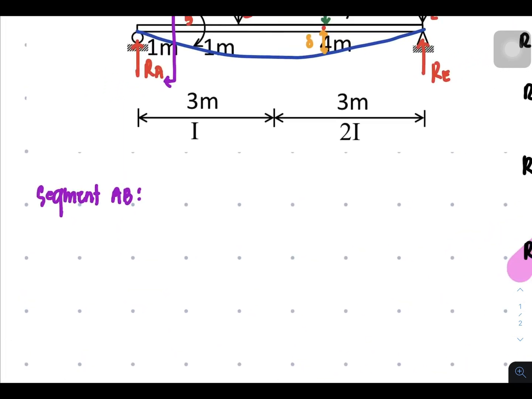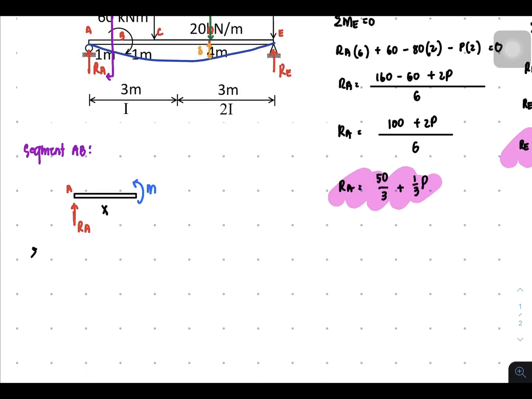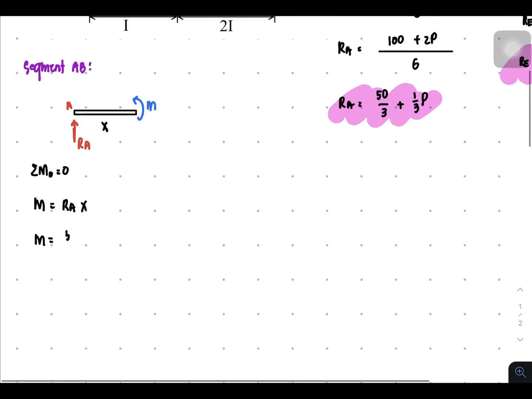For segment AB, we place the reaction RA, since this is point A, and of course we have our moment M here and the distance X. So summation of moment at the point of cutting equal to 0, we will have M equal to RA times X, where RA is 50 over 3 plus P over 3, times X.